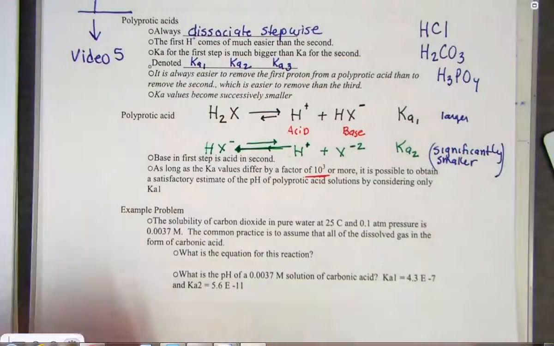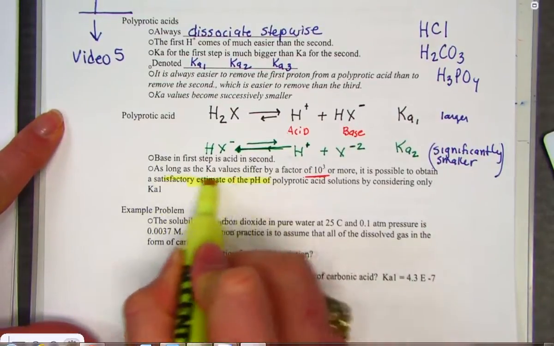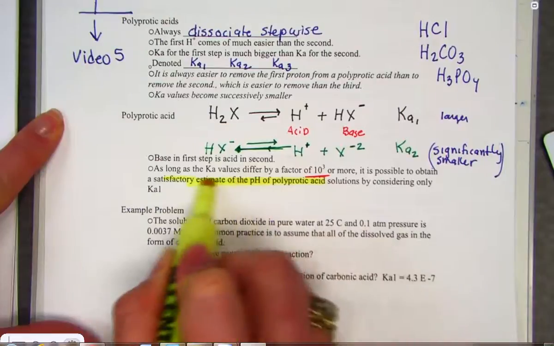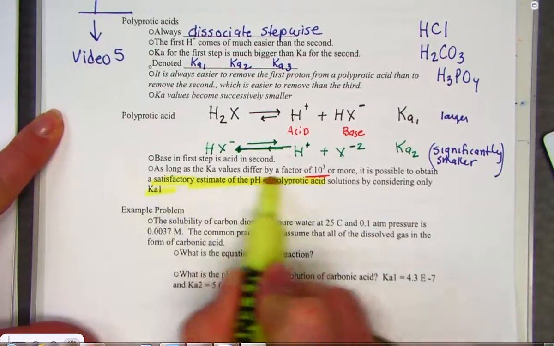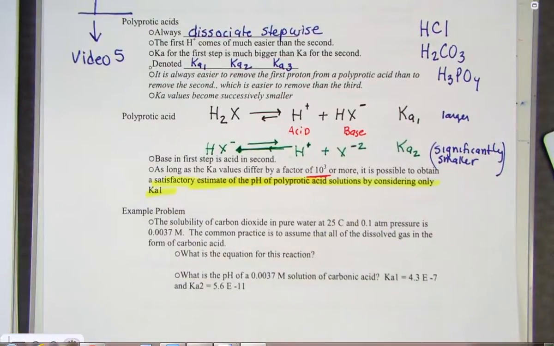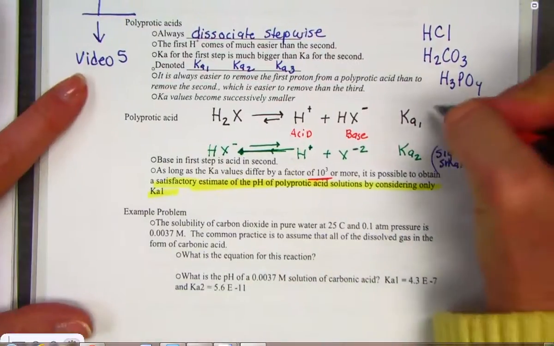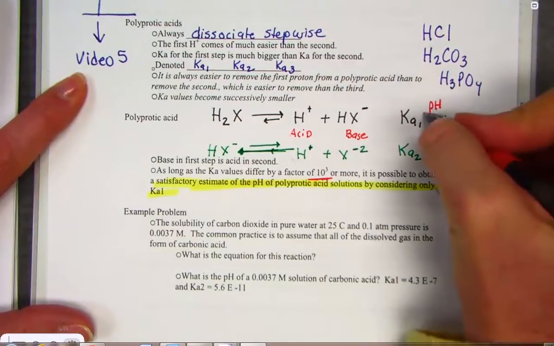The removal of the first proton is really all we ever need to consider when we're asked to calculate the pH of a polyprotic acid. Considering only Ka1 is all we need to calculate the pH of a solution. The pH of a polyprotic acid is determined from the Ka1.